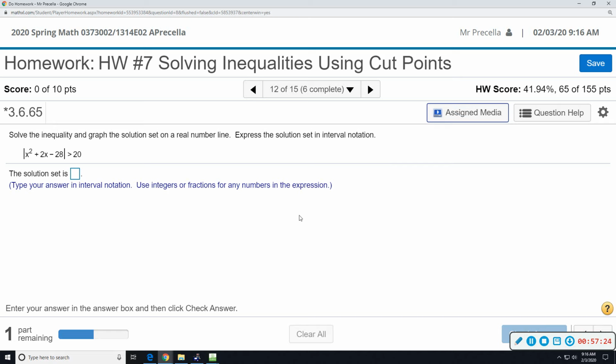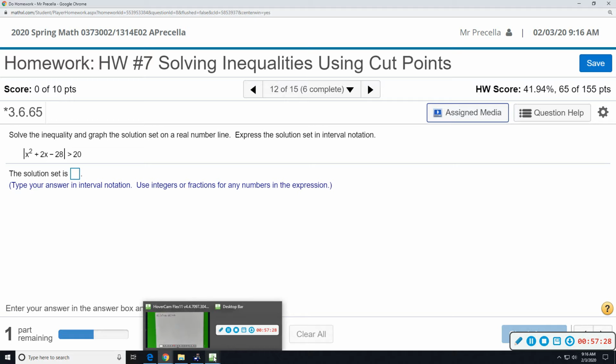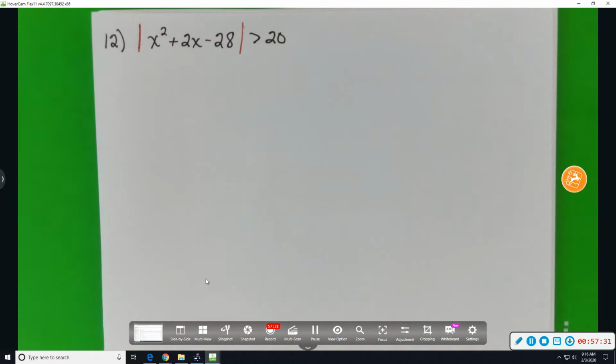X squared plus 2x minus 28 is greater than 20. Okay. I'm checking to make sure I didn't miscopy it. There it is.